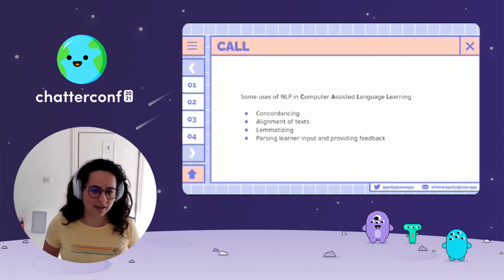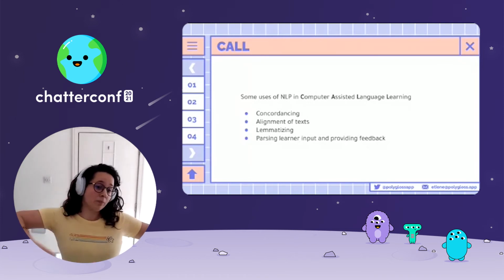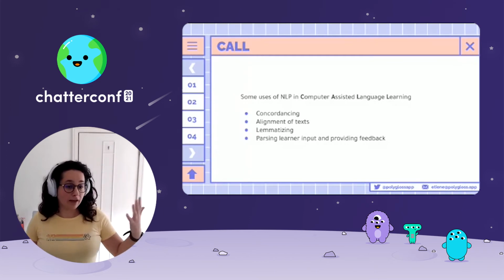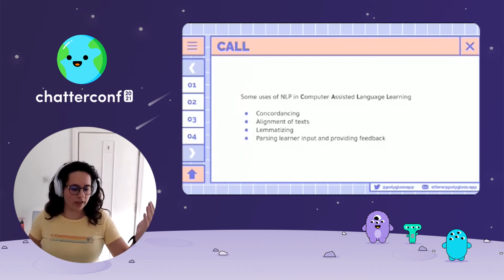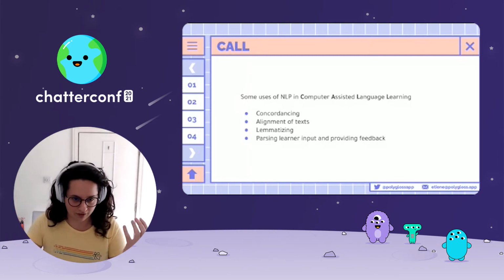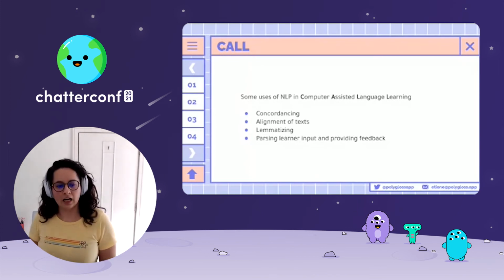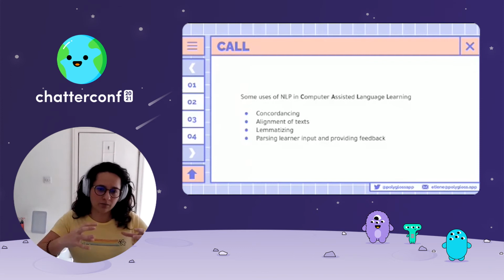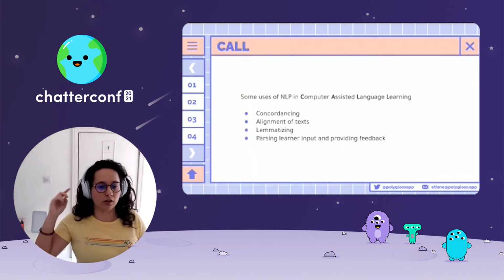So you can see how the same word is used in different contexts, and that is very useful as a learner. There's the opposite of that, which is the alignment of texts. Like, for example, Lingui, right? Where you have the same context, but the words are different. They're words in a different language. Then you have lemmatizing, which is reducing a word to its shortest form. So you can look for it in a dictionary, for example.